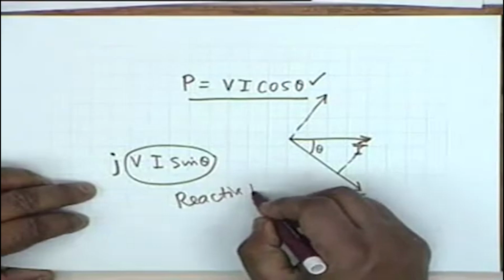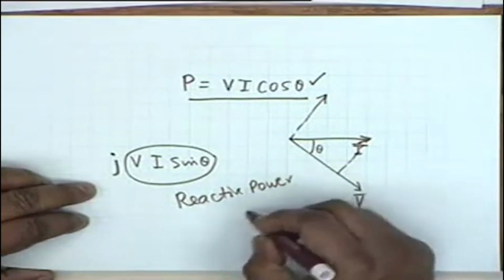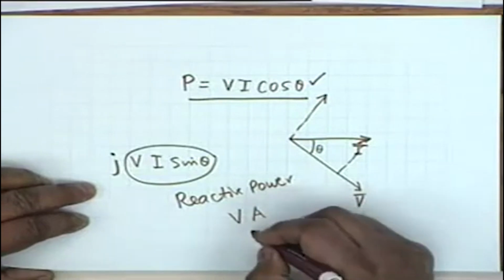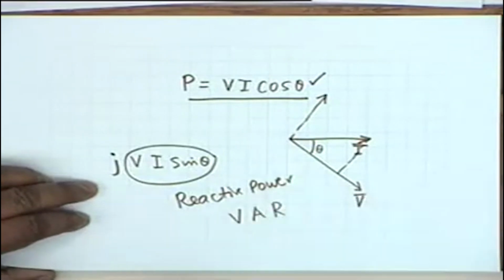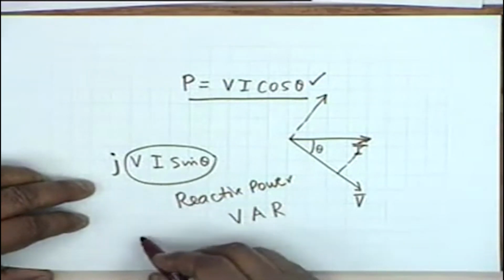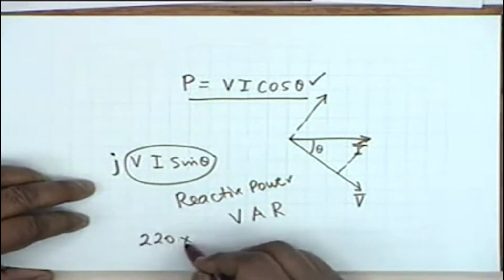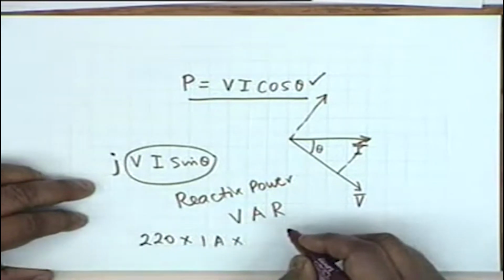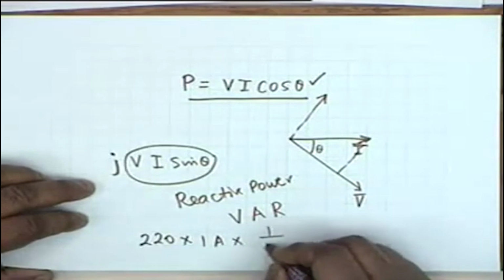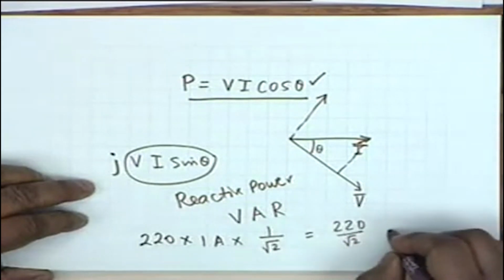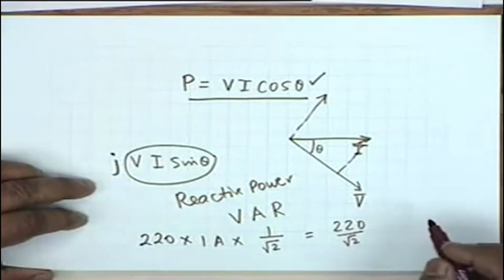Reactive power. Sometimes it's called VAR, that is volt ampere reactive, VAR. All right. For example, if it is 220 volt, 1 ampere, and theta is, let's say, 45 degrees, then you say 1 by root 2. So this is 220 divided by root 2, and the unit, we don't say it is watts.